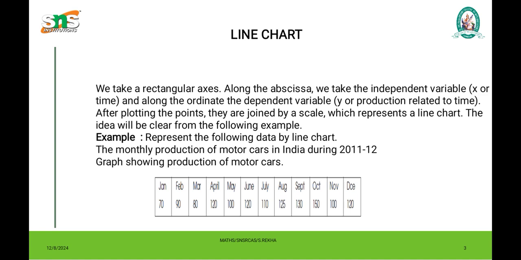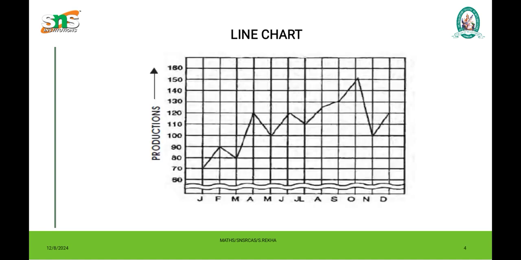It is 70, so you mark 70. February is 90, March is 80, April is 120, May is 100, June is 120, and so on, up to December, which ends with 120.